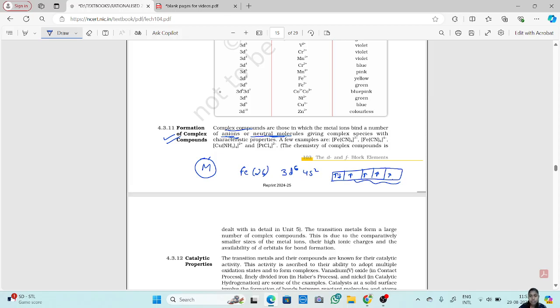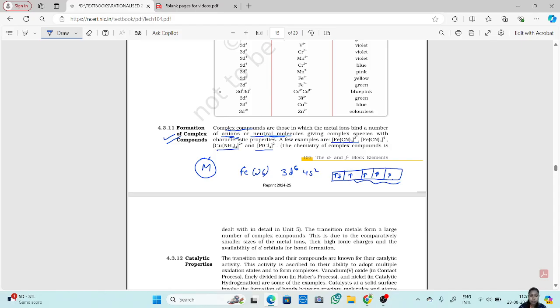For example, here they have given FeCN6. What does FeCN6 mean? Fe has 6 CN surrounding it. Now, CuNH3 4, PtCl4. So these are the complex compounds that are formed.